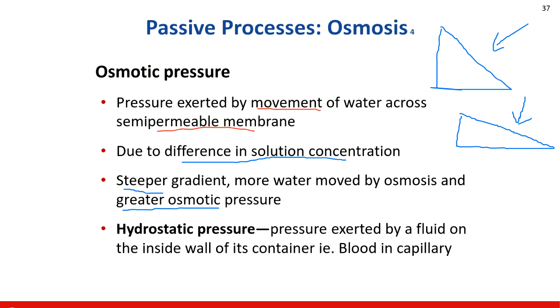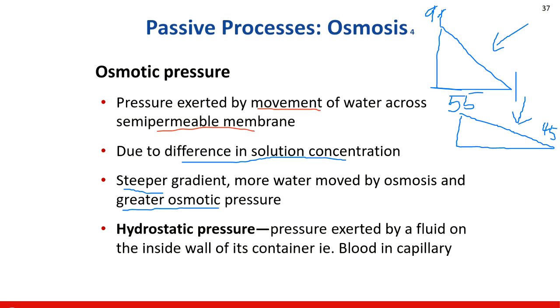So this will be 99 versus 1, and this one over here is 55, okay, versus 45. So it's much less steep, so the pressure will be less on this bottom one compared to the top one.